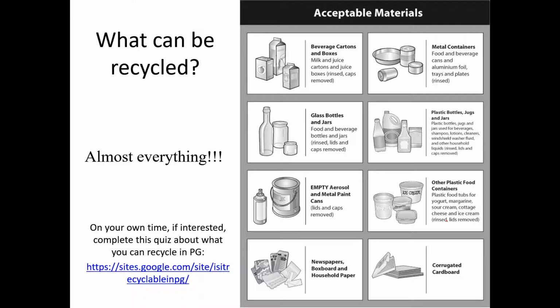Fortunately, most of the things we have nowadays can be recycled unless they are soiled. So if you have pizza boxes, for example, that are really greasy, you actually can't recycle the greasy parts of that cardboard. If you try to, it'll contaminate batches and it won't be a good thing. You also can't recycle plastic grocery bags in the regular recycling. You have to put them in a special spot.